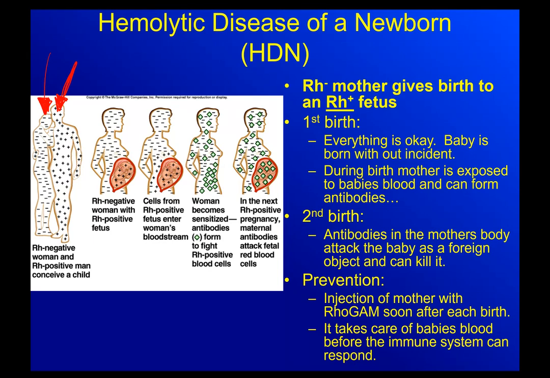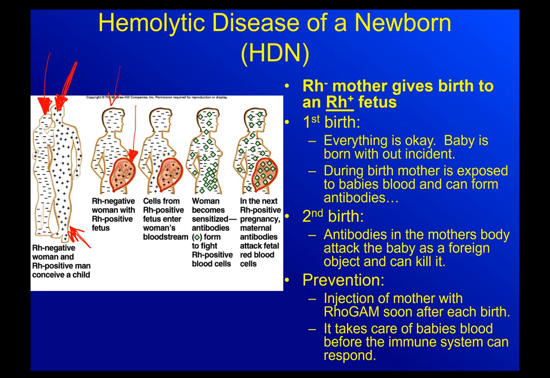The baby has the chance of being Rh positive as well, just like dad, because dad donates half of his genetic material, right? So Rh negative mom is housing an Rh positive baby. Now remember, in her body, that Rh factor is foreign. It should not be there.